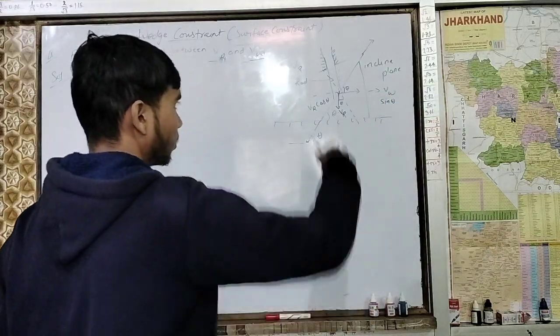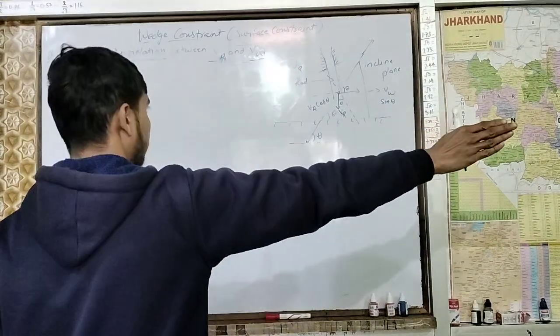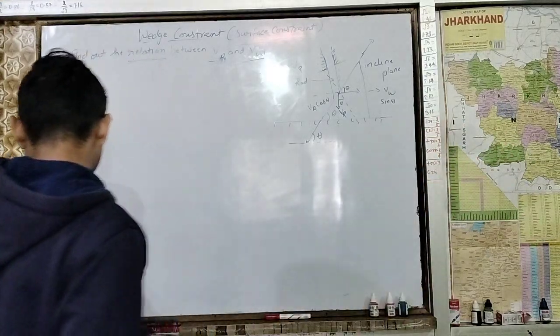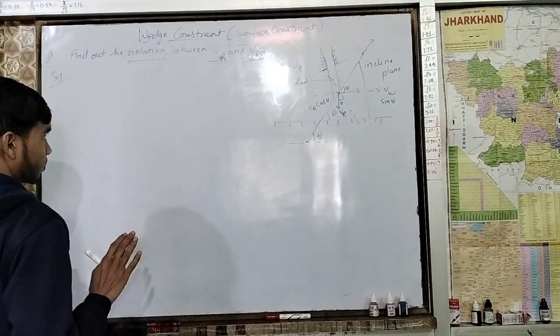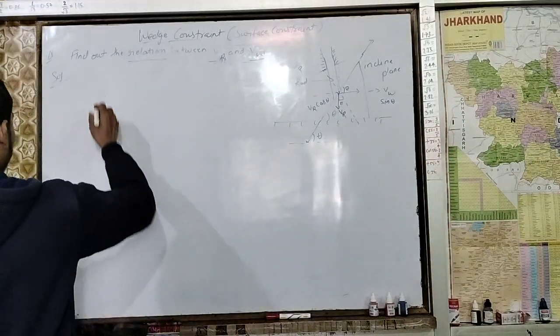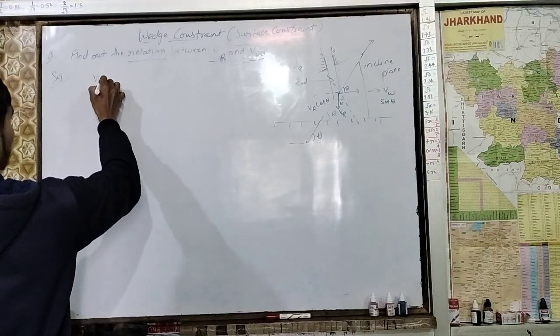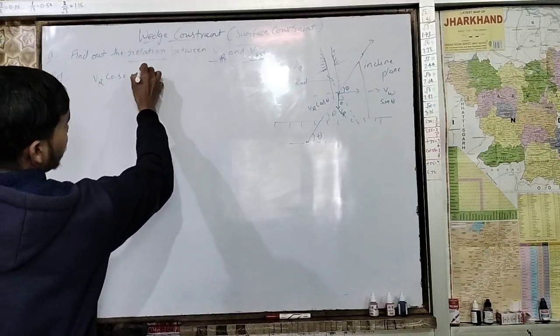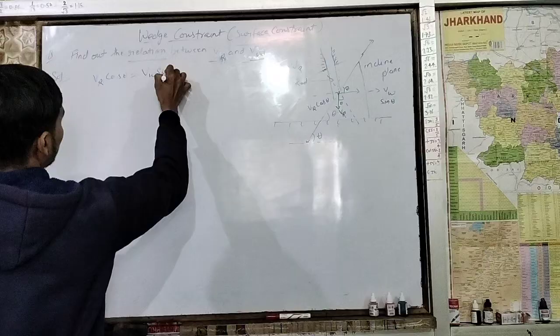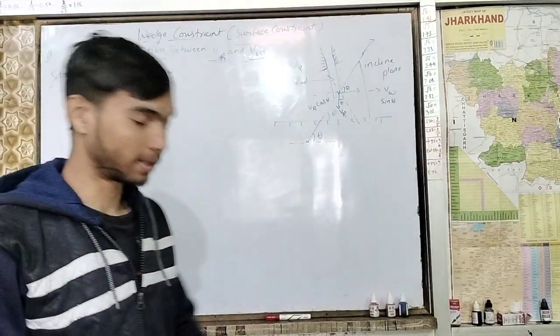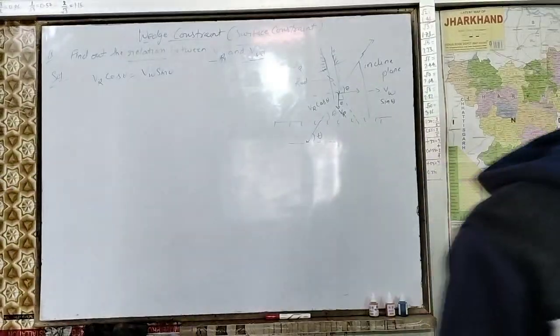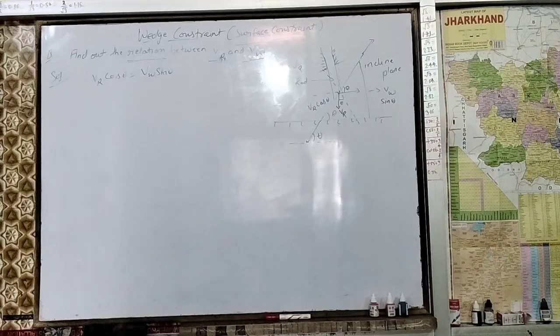Clear? It is asking for the relationship, so the relationship will be VR cos theta equal to VW sin theta. This is the relationship between VR and VW.